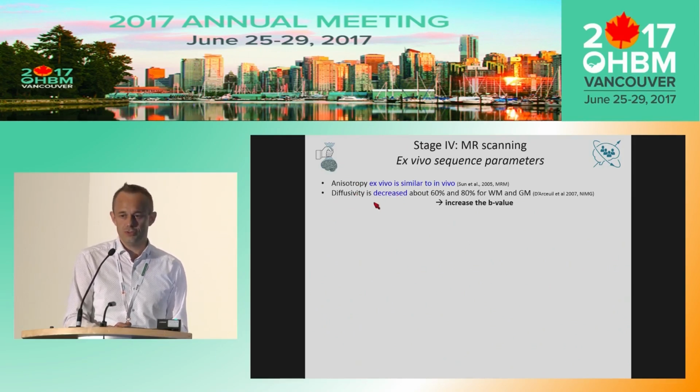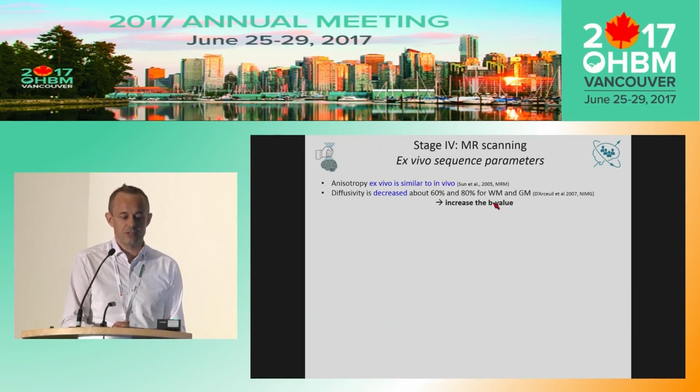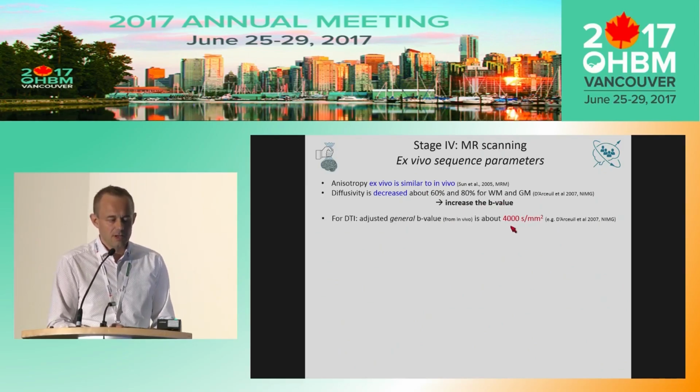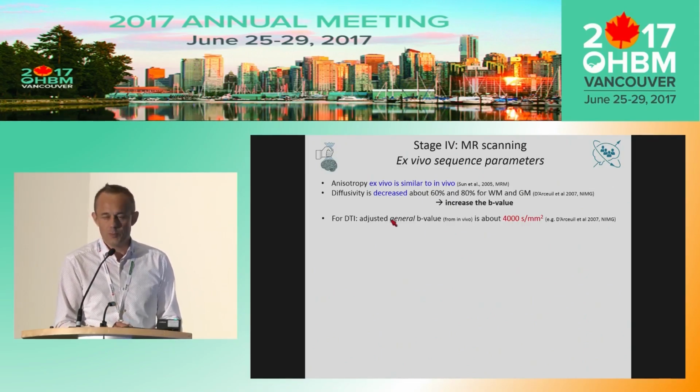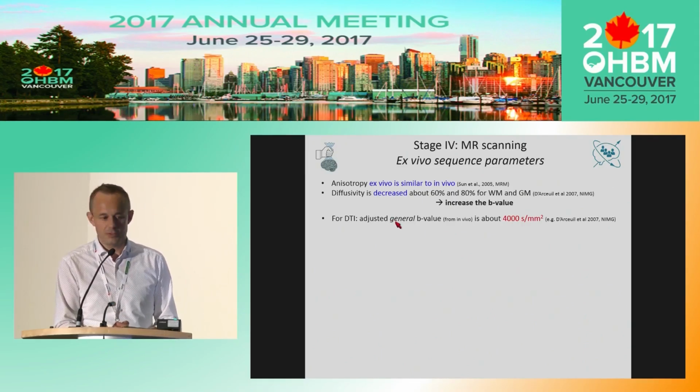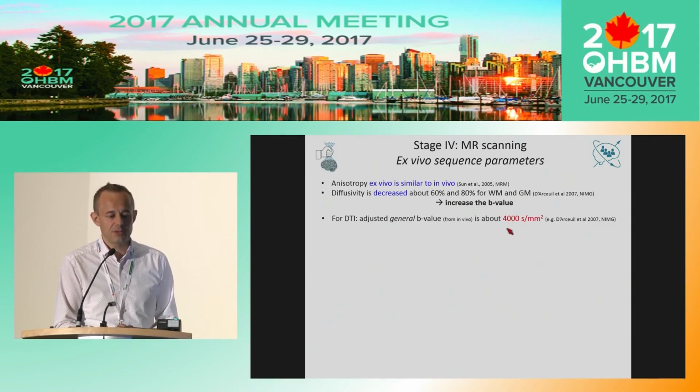But it's also shown that the diffusivity is decreased about 60 to 80%, and that means that we need to increase the B-value. So for DTI on ex vivo, normally in human we have a B-value around 1,000. But because we have decreased diffusivity, we increase the B-value to about 4,000.